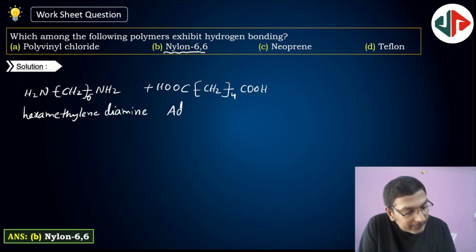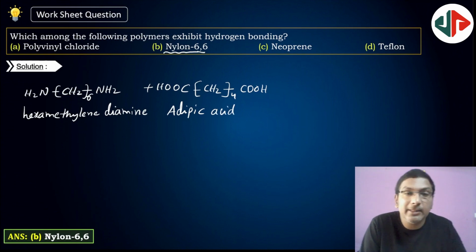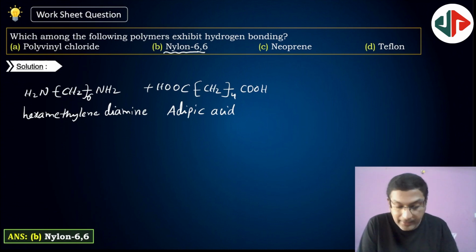Nylon 6,6 is a polymer of hexamethylene diamine and adipic acid.